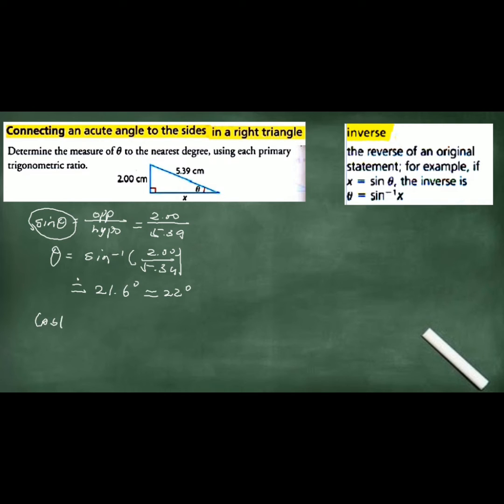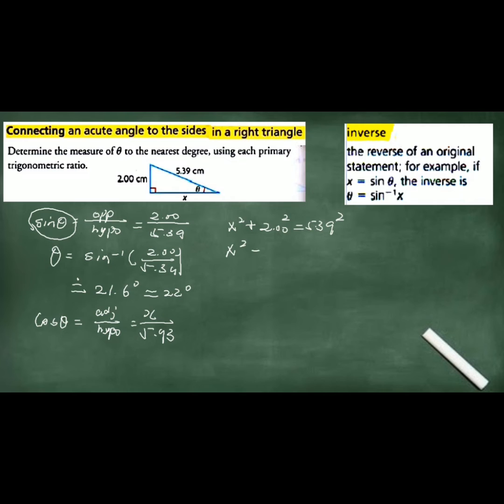Next we use cosine theta, which equals adjacent over hypotenuse. The adjacent is x, which we don't know, and the hypotenuse is 5.39. So we have to find the x value. In this right triangle, we can use the Pythagorean theorem: x squared plus 2.00 squared equals 5.39 squared.